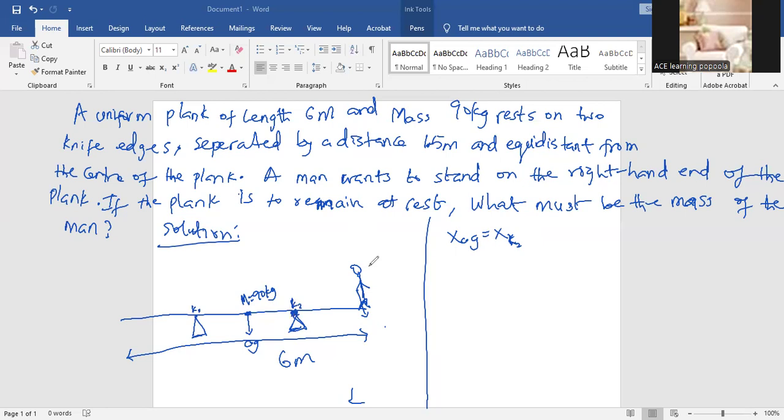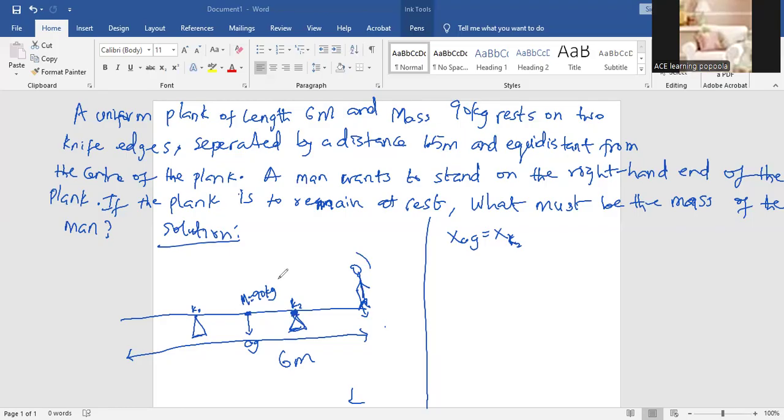Now, I'm using X because we're going to be taking the torque with respect to the X component, in the X direction, because the torque is going to allow movement in the X direction.